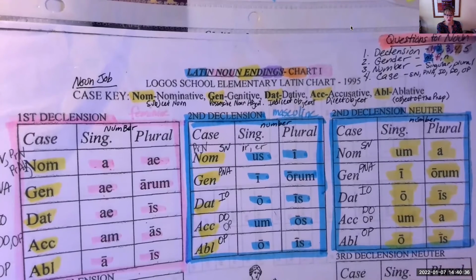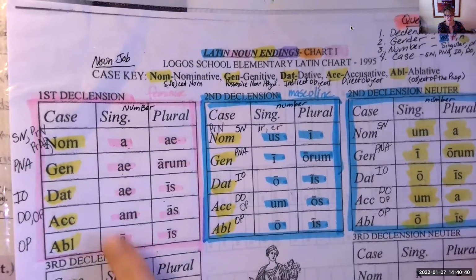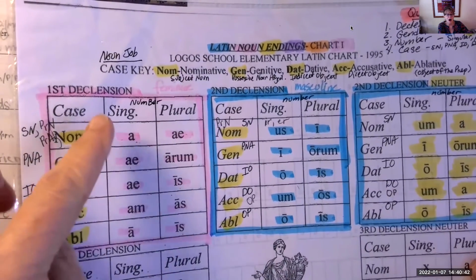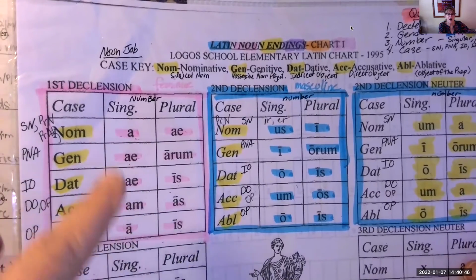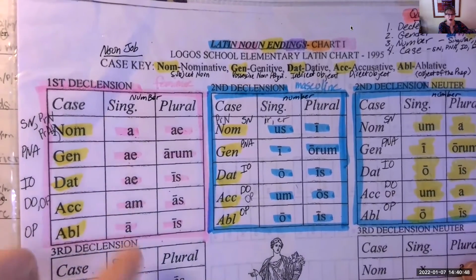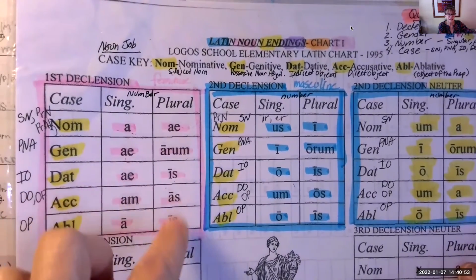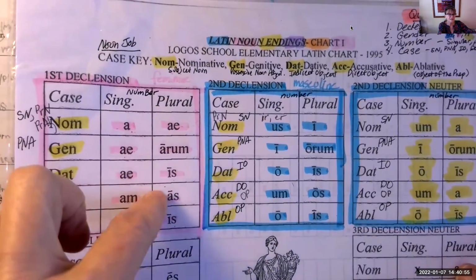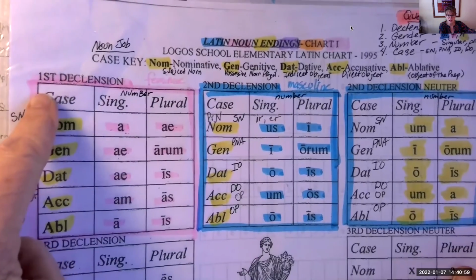I love Classical Conversations, they put little tunes, little ditties. This is Bingo: singular first declension, a, ae, ae, am, a, a, and plural first declension.